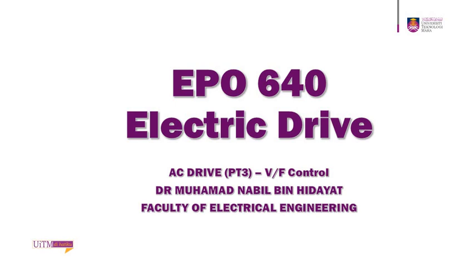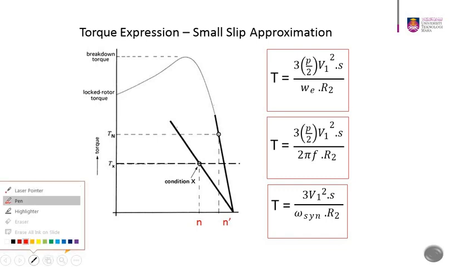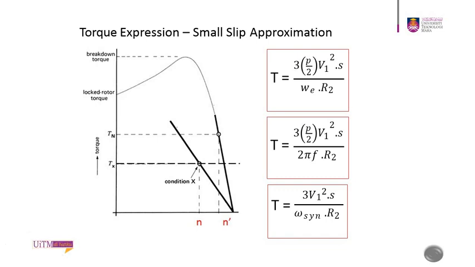So for this lecture session, we will be discussing part 3 of the AC drive, that is the voltage to frequency control. If we look back at the previous lecture, we already discussed how to derive the torque expression using the small slip approximation.